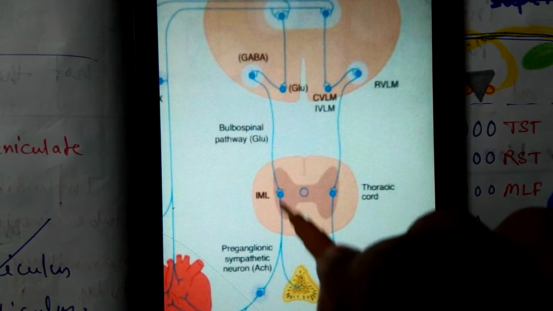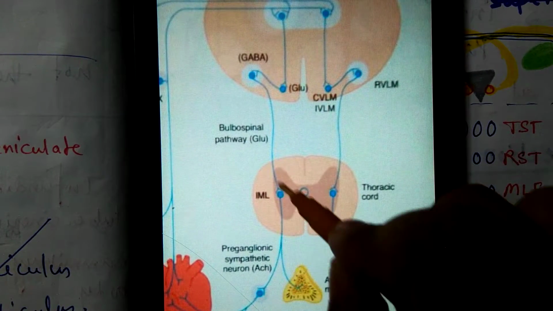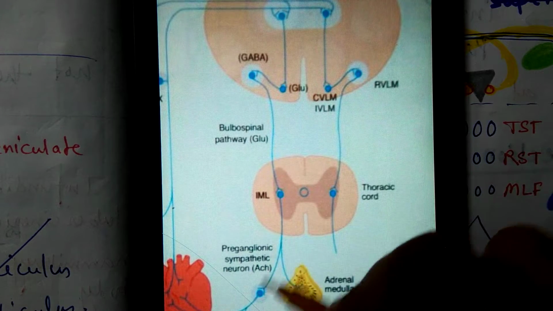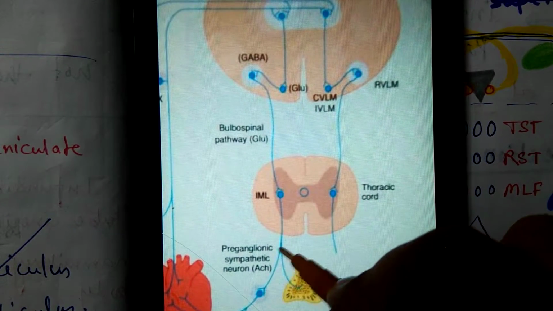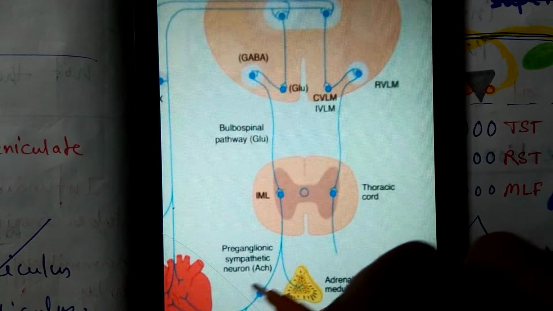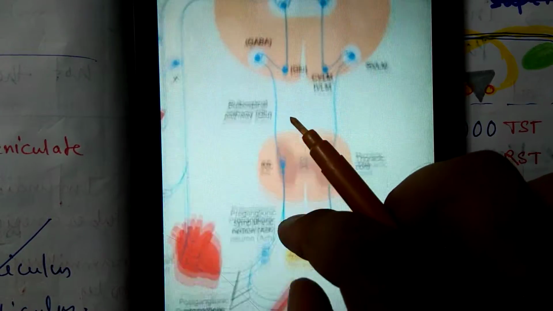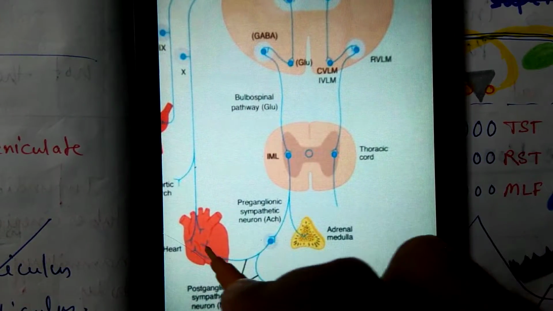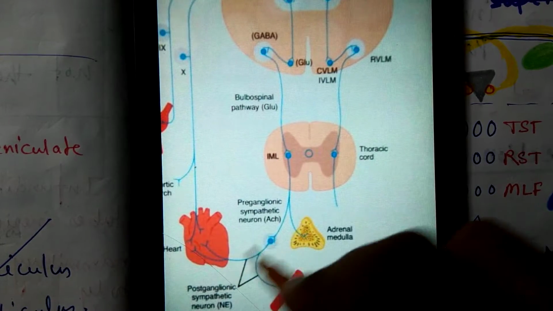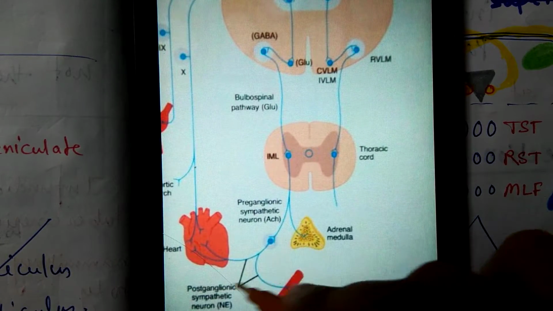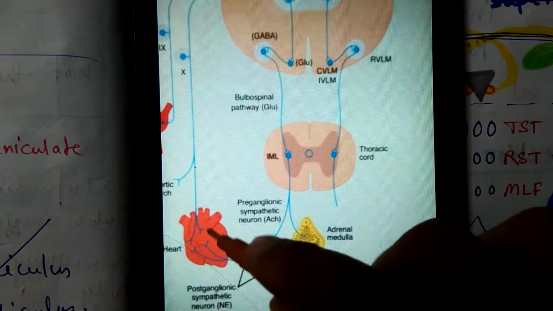preganglionic sympathetic neurons go to the sympathetic ganglia, and then from the sympathetic ganglia postganglionic sympathetic neurons arise. And what is the action of the sympathetic system on our cardiovascular system?